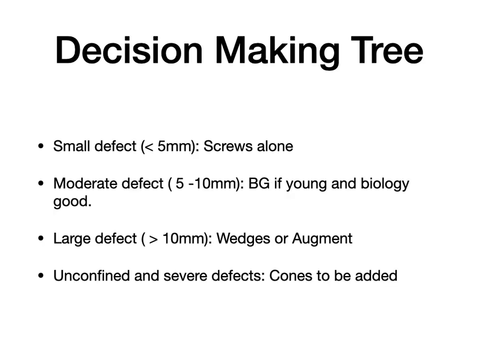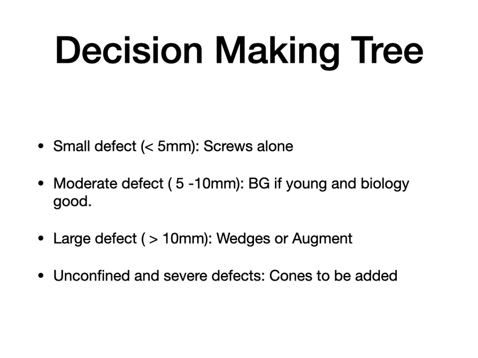In summary, when you look at decisions, for a small defect less than 5 millimeter, we use screws alone. For a moderate defect of 5 to 10 millimeter, we should use bone graft, especially in young and biologically sound bones. It's a biological solution. Larger defects more than 10 definitely require wedges or augment.